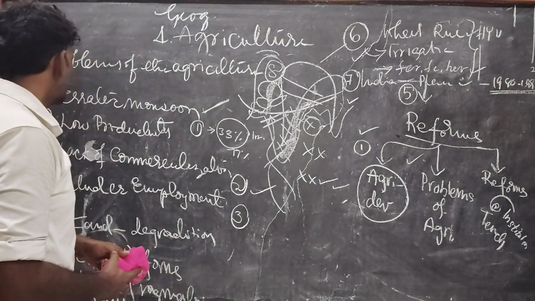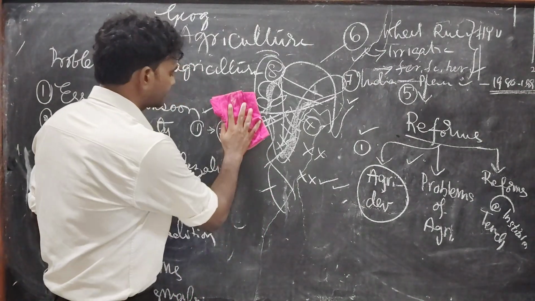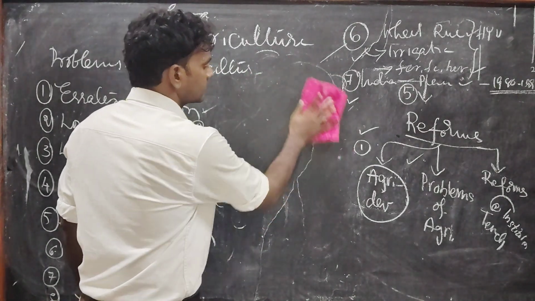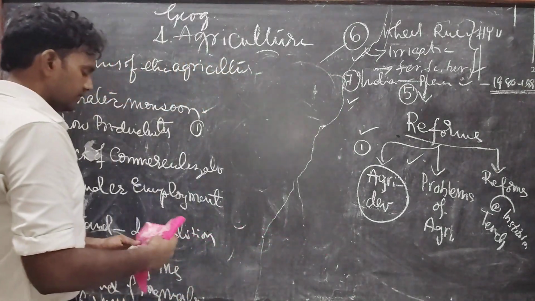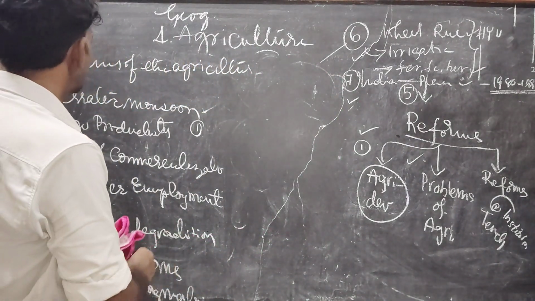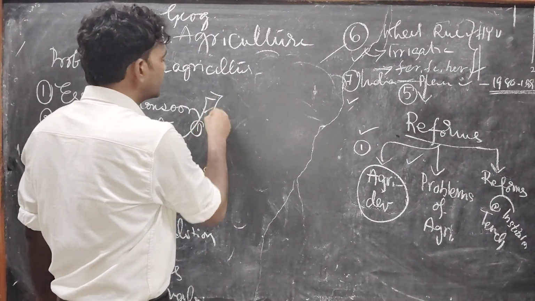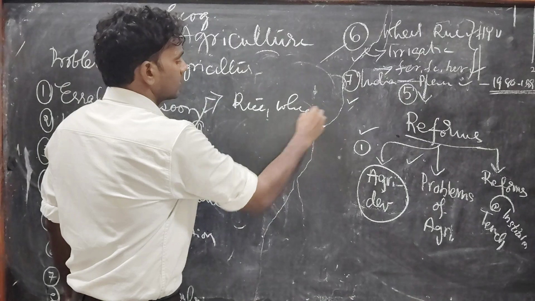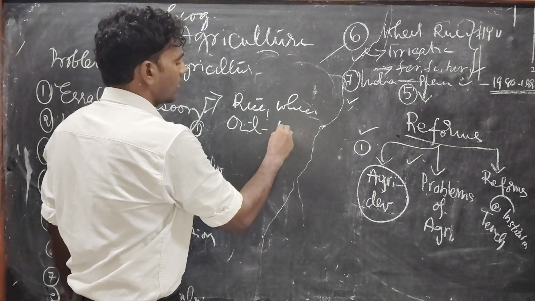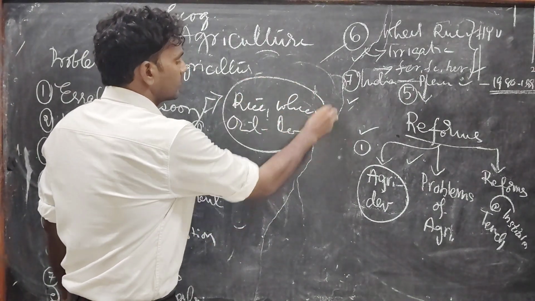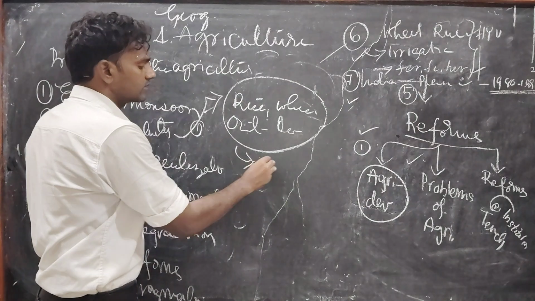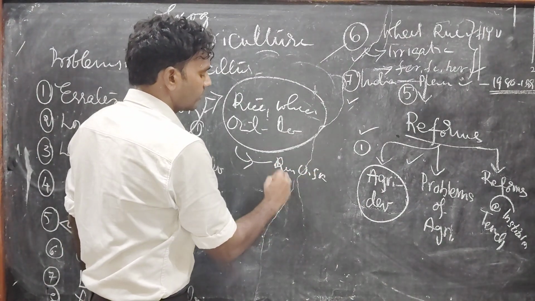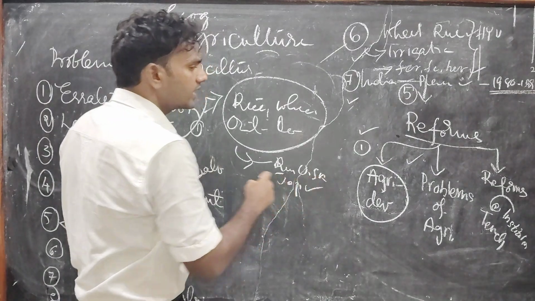So coming to the next problem, low productivity. See, the second point. Low productivity means in rice, wheat, oilseeds, cotton, as we discussed, but compared with other countries like Russia, USA, Japan, our production is very low.